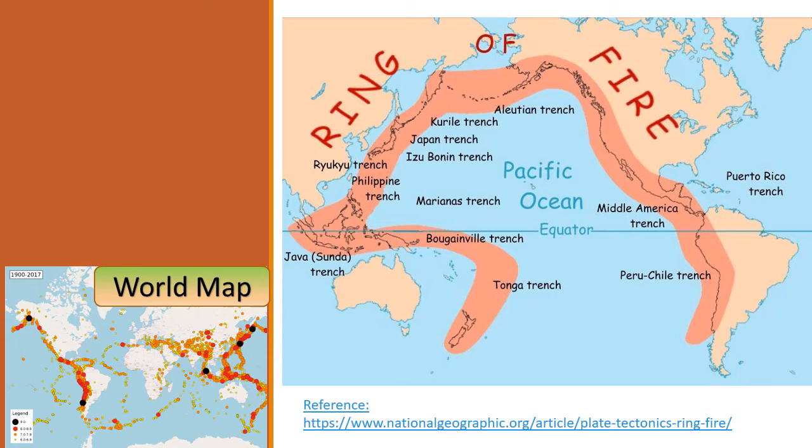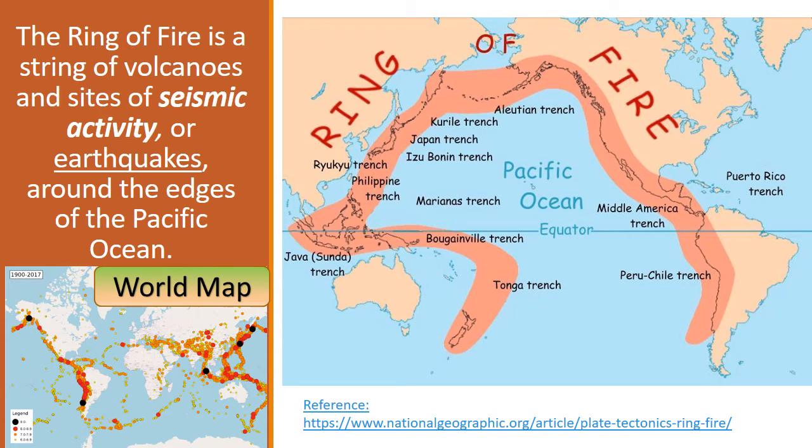So, ano ba itong tinatawag nating Pacific Ring of Fire? According to National Geographic, the Ring of Fire is a string of volcanoes and sites of seismic activity or earthquakes around the edges of the Pacific Ocean. So, pag sinabi natin seismic activity, it is also known as earthquake.